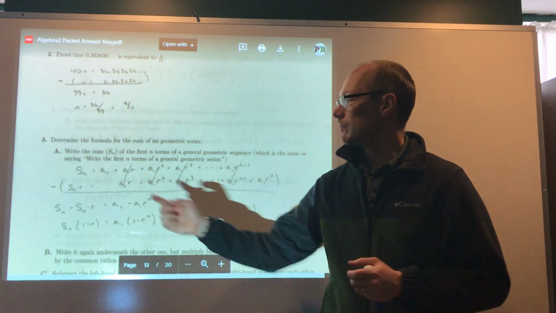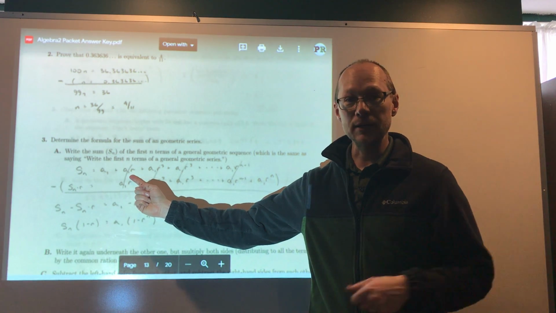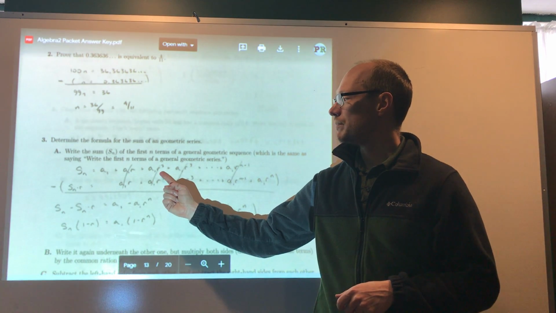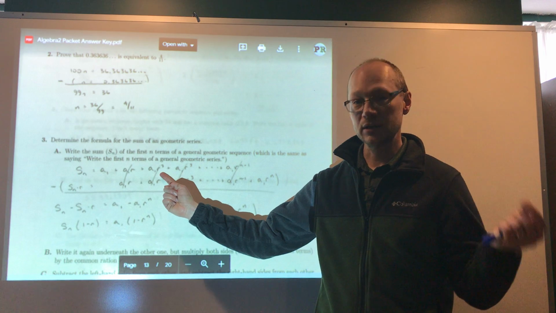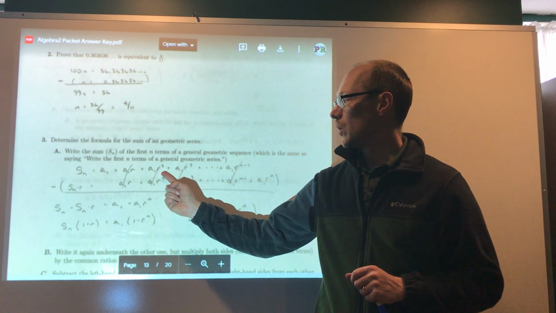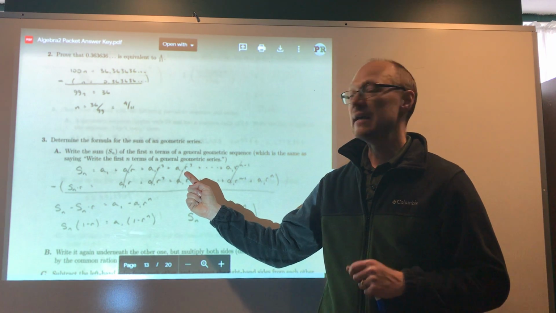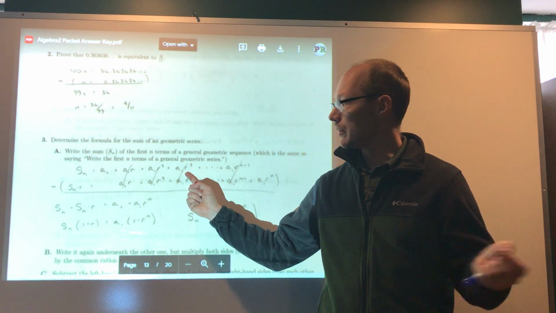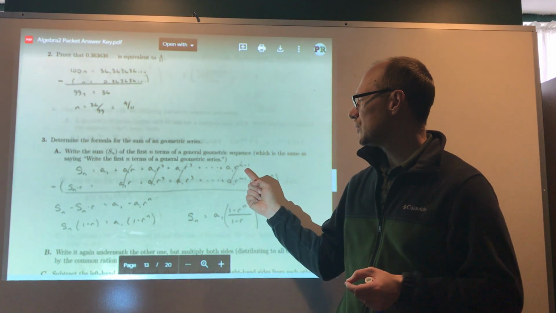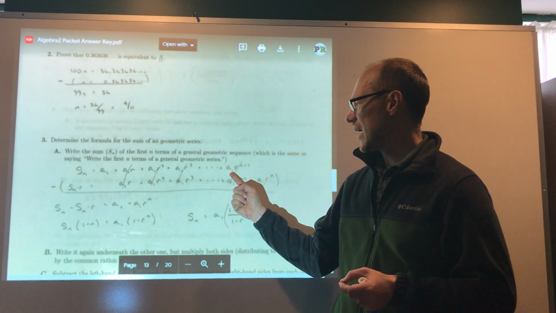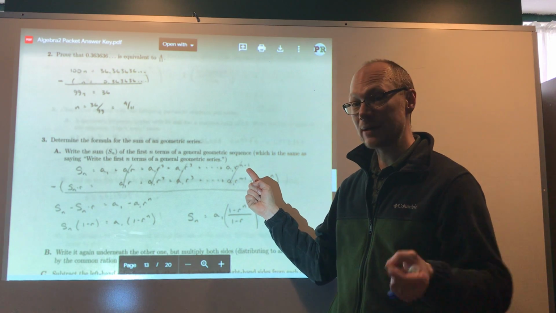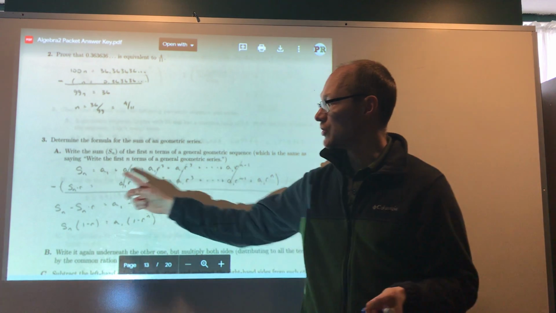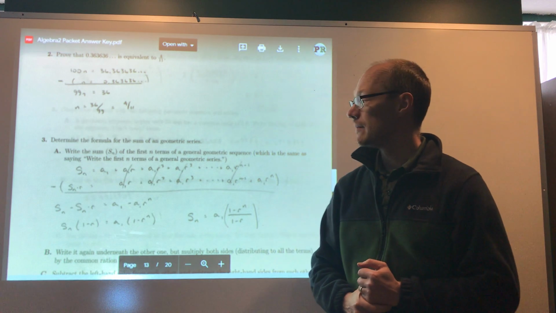What's your second term? a1 times r. What's your third term? a1 times r squared. What's your fourth term? a1 times r to the third. And all the way up until you get to your last term, which is a1 times r to the n minus 1. Remember, it's always one less because you started off with a step already.